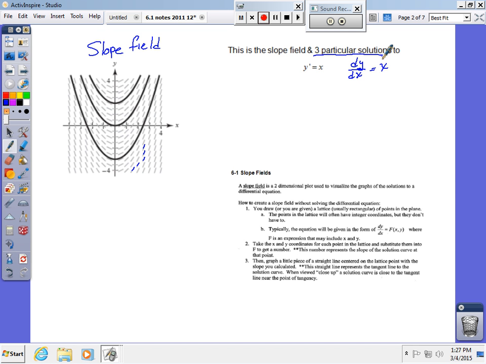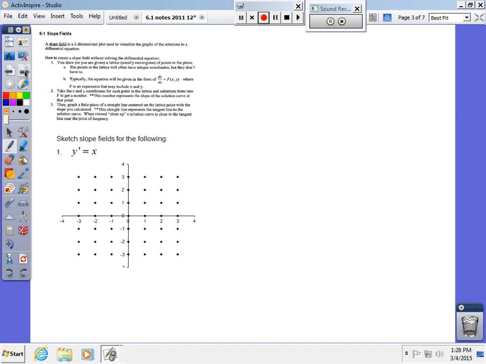Now, when you integrate, and we're going to do that later, to come up with the original function, we put a plus c at the end. Depending on what that c value is determines which one of these particular functions it's going to be. Hopefully that made some sense, and as we go through a couple of these, it should make sense in your head.